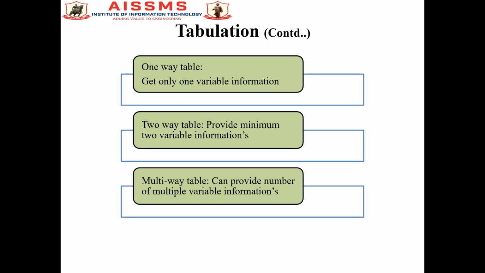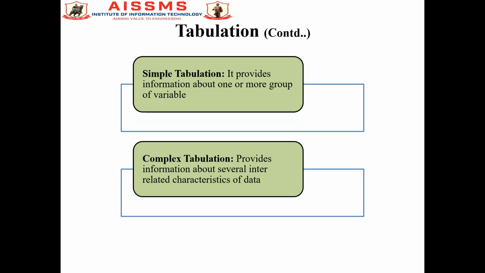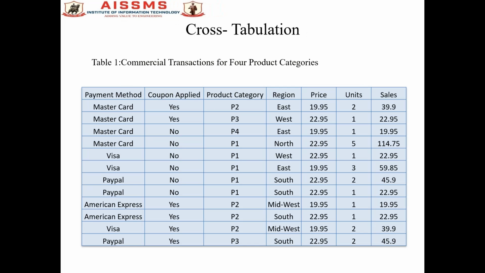But in multi-way table we can get the information of multiple variables. Simple tabulation and complex tabulation tables are also available. Simple tabulation provides information about one or more groups of variables, and complex tabulation provides information about several interrelated characteristics of data.